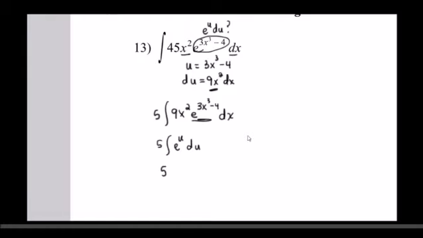So the antiderivative is 5 e to the u plus c, or 5 e to the 3x cubed minus 4 plus c.